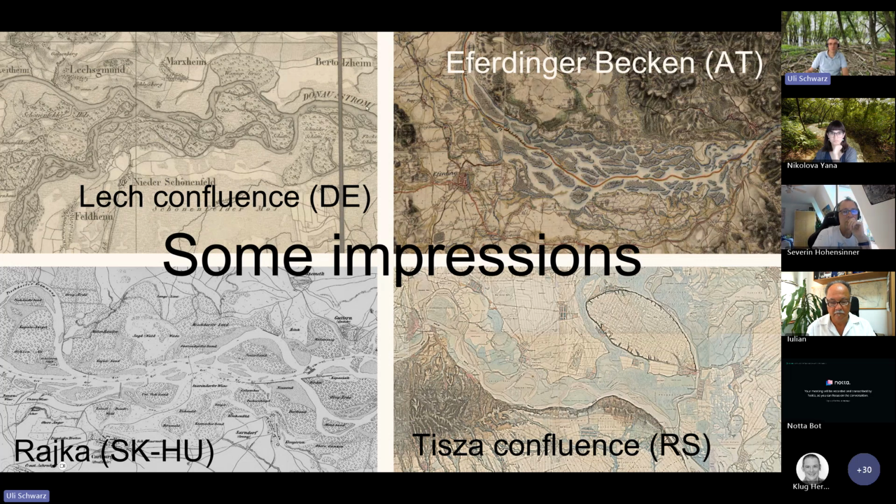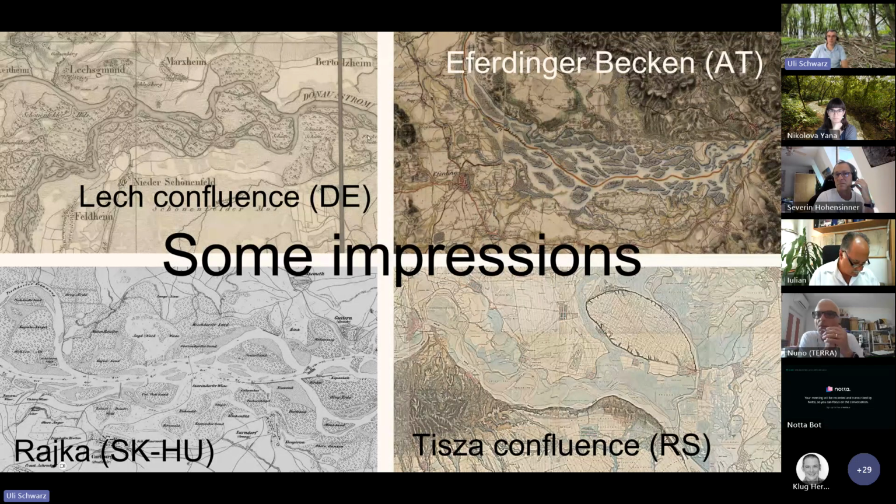Yeah, and a new river and floodplain system in size and magnitude of flooding and so on. A very beautiful map from the early 19th century.